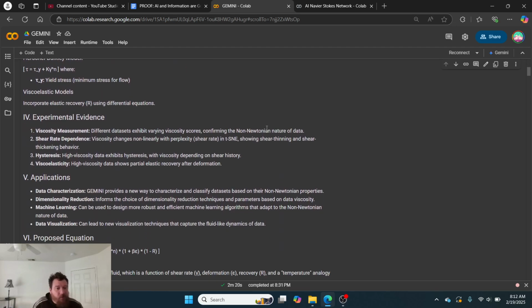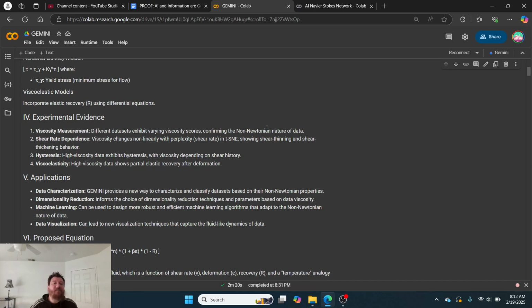So my experimental evidence. One, viscosity measurement: different data sets exhibit varying viscosity scores, confirming the non-Newtonian nature of data. Two, shear rate dependence: viscosity changes non-linearly with perplexity, the shear rate, showing shear thinning and shear thickening behavior, meaning that you can add something like a solvent or paint thinner, or a paint thickener, to data sets and it works.